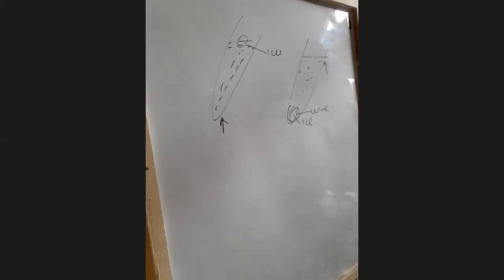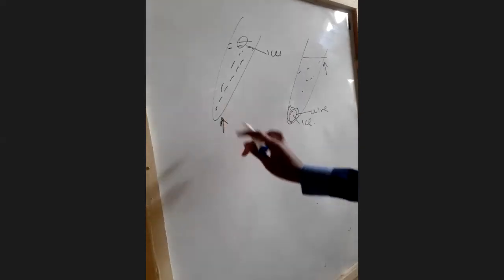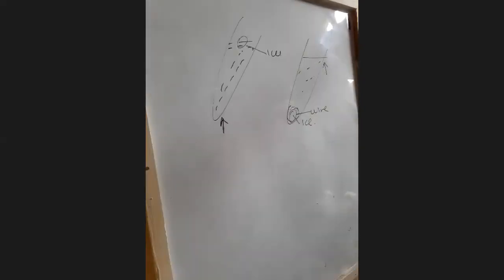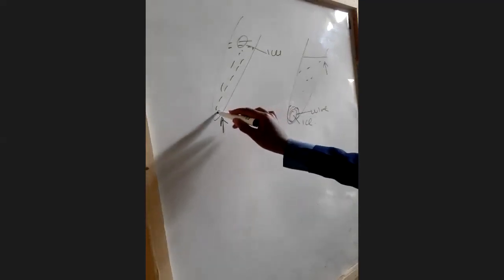Now, if you look at these two, let's see what happens here. When you heat water, according to the convection current, the molecules at this point are going to gain some energy and then expand. If it expands, then its density is going to be low.